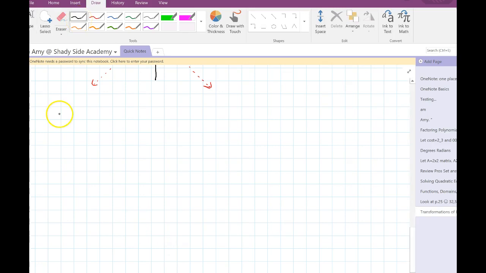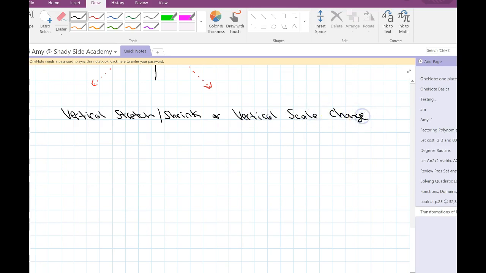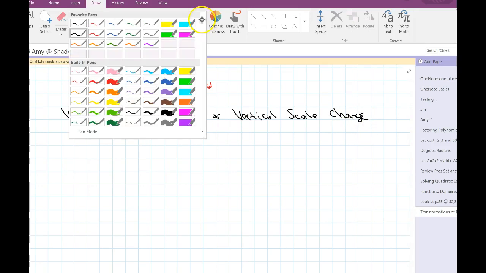The first new one is called a vertical stretch or shrink, okay? Or what's called a vertical scale change, okay? So this is new for us, a vertical scale change.